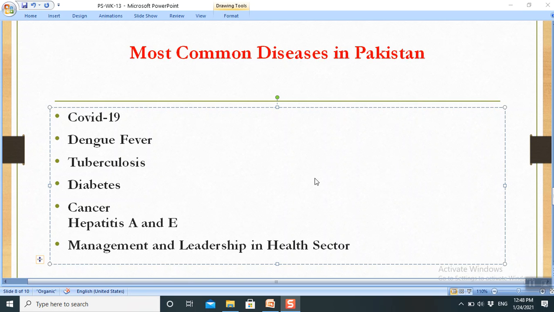Well, in Pakistan, because of the geographical location, the environment, and lack of health and hygiene facilities, certain diseases are very common and equally dangerous.